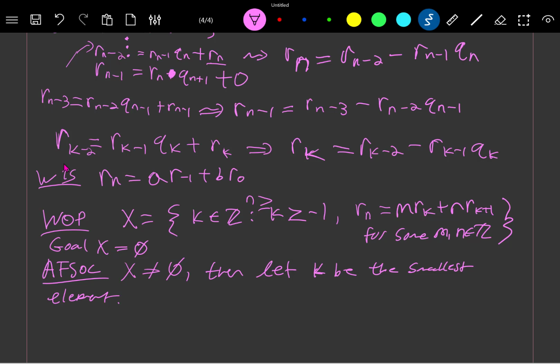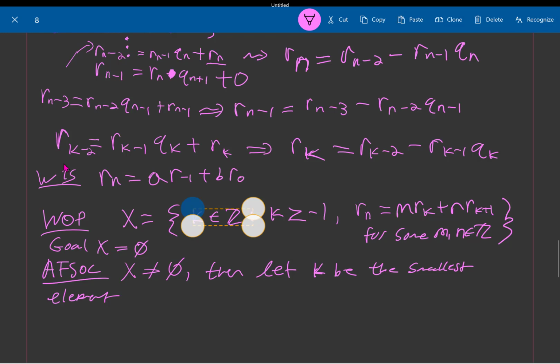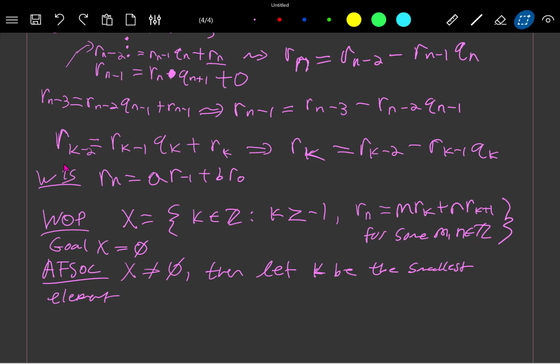So maybe what the set should be is the indices less than n.